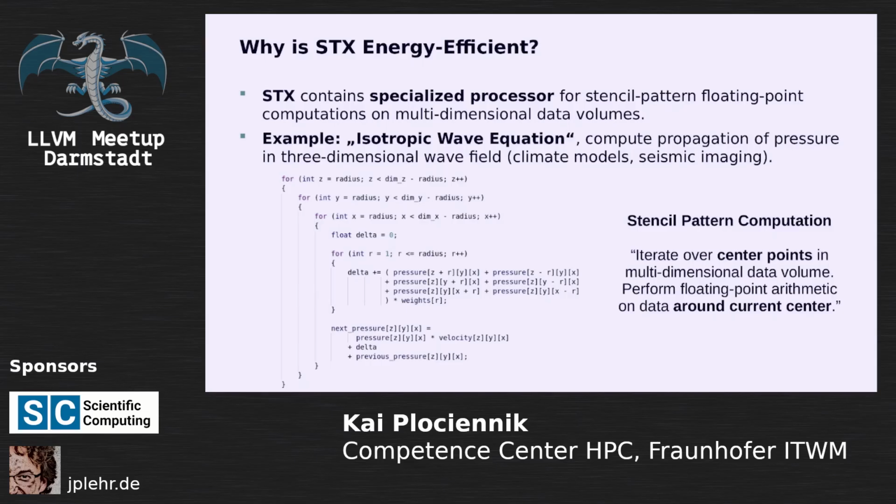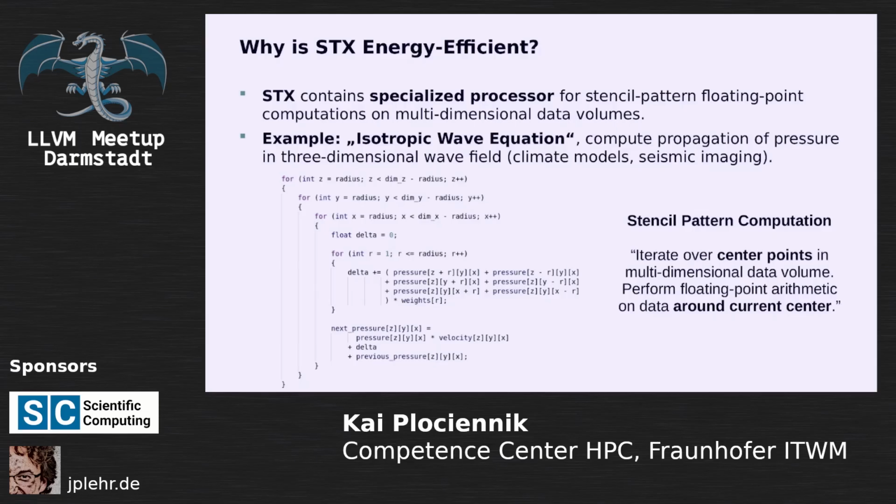So pressure is a field of three dimensions, and the elements are floating point values. What you do in this kind of mathematical kernel is iterate over all center points in the data volume. For the given center point identified by z, y, and x, you do computations around that center point.